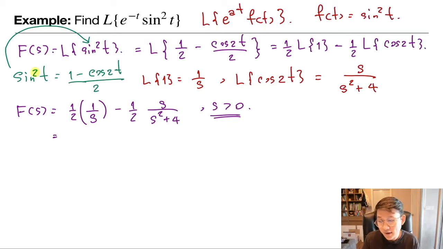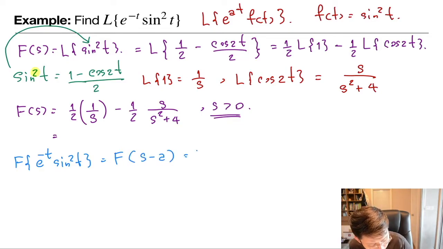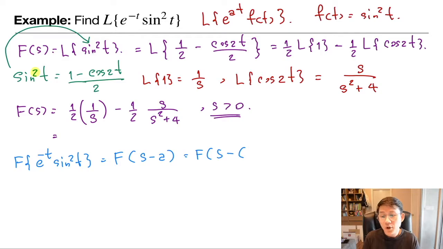So the Laplace transform of e to the minus t sine squared t would be F of s minus a, which is F of s minus 1, right? Because it's e to the at, and here it's e to the minus t. It means that a is actually minus 1.